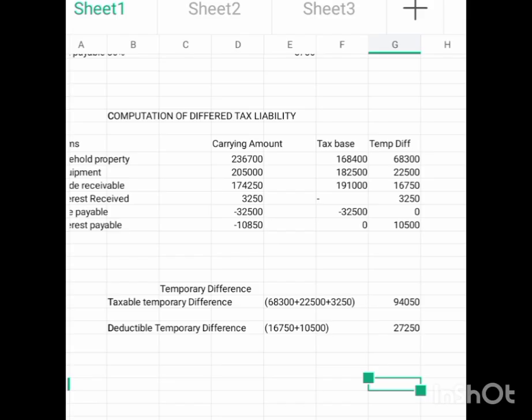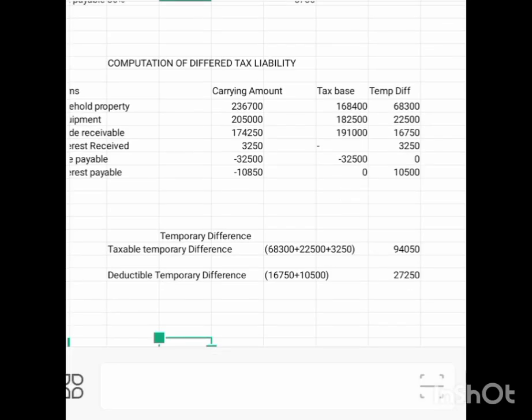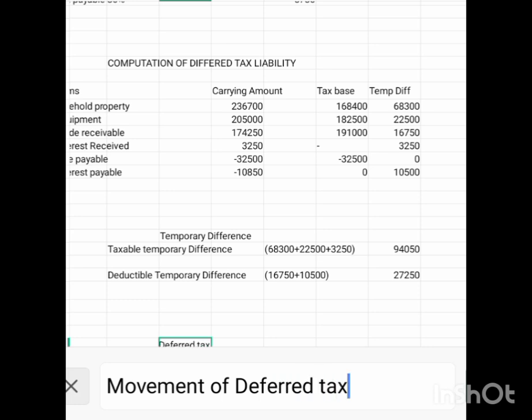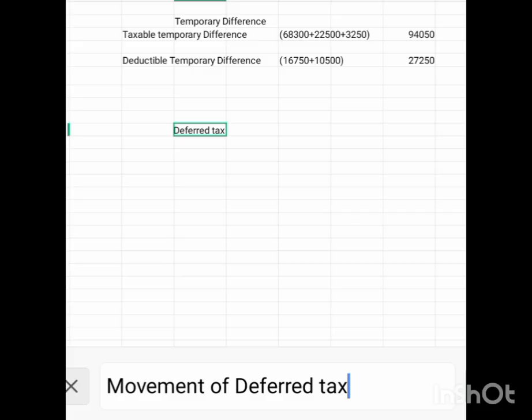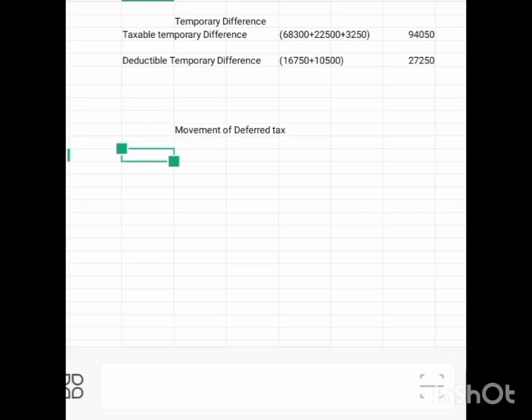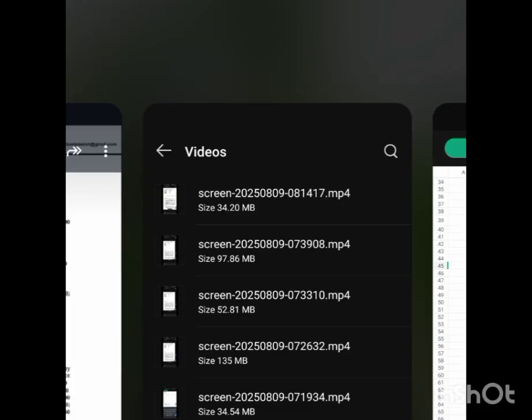So it doesn't end there. We are expected to calculate the movement of deferred tax. This is needed because we have a deferred tax that was carried forward.